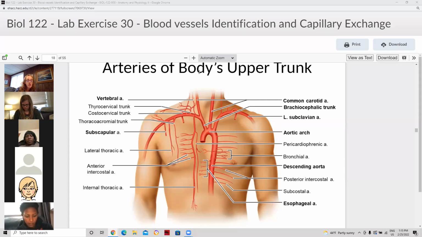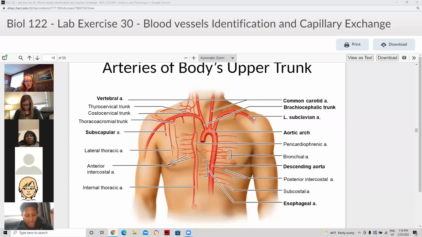The two arteries that feed and supply the brain are the internal carotid and the vertebral artery. They are going to supply that circle of Willis up here in the brain.